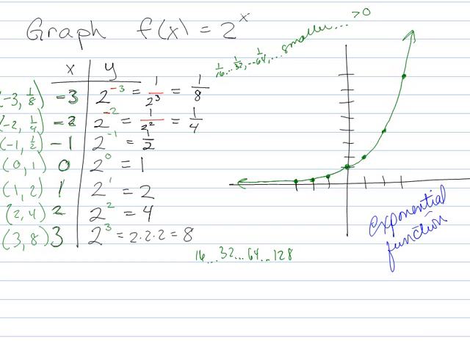Now, if you're going into science, you're going to see this all over the place. We model all kinds of things with exponential functions. We model population. I don't know if you've ever been to a family reunion where you've got grandma and grandpa, just like right here. And then they had 2 kids, and then they got married and had 2 kids, who also got married and had 2 kids.